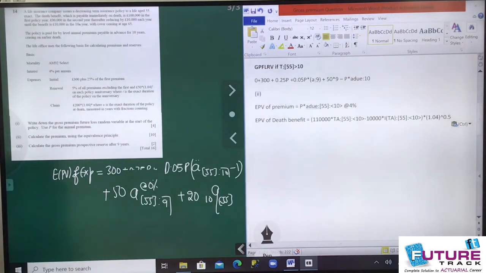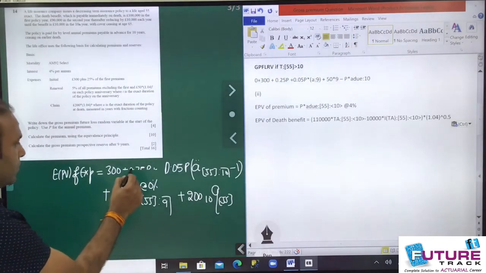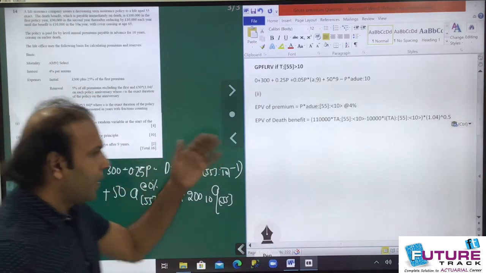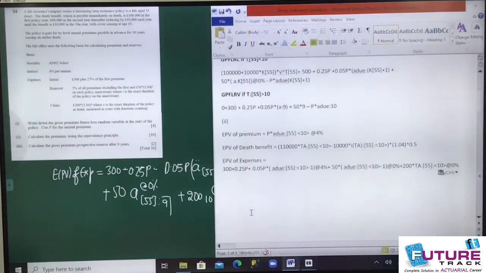Fine. 200. Let's see how we write in the word part. So this is term at 0%, or you can write that 10Q 55.